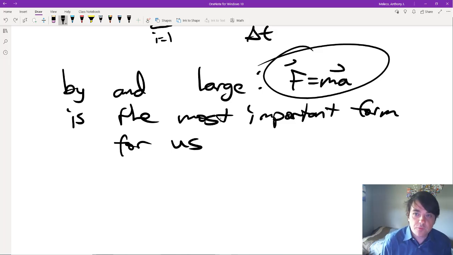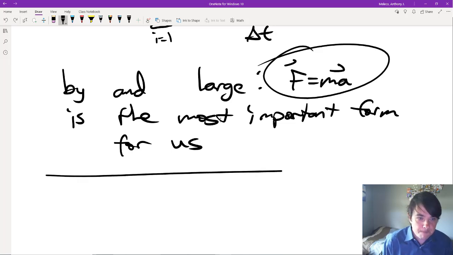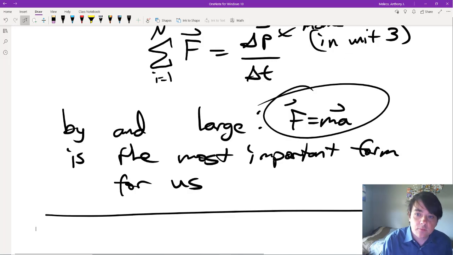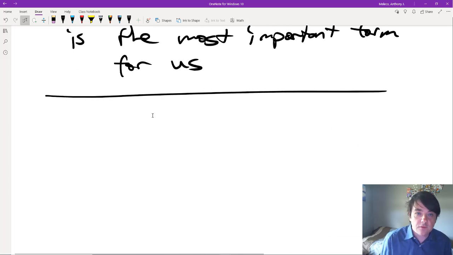So know this equation. Okay, it's extremely important. Okay, it's also an axiom. You know, I can't mathematically prove that this equation is true. It's just shown to be true through experiment.